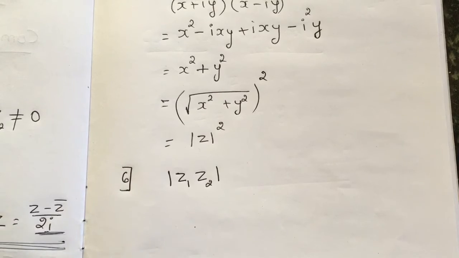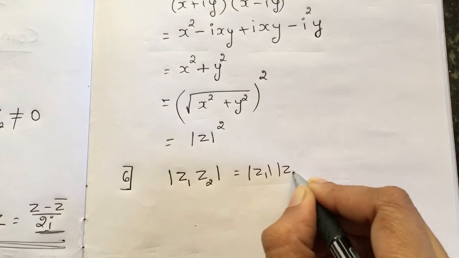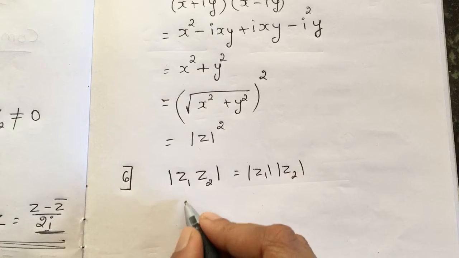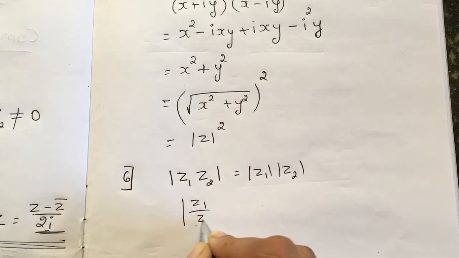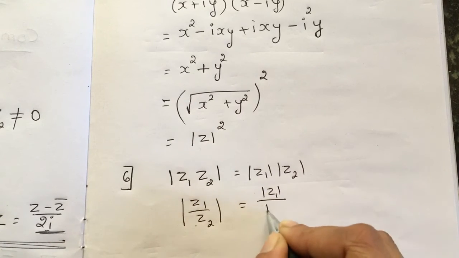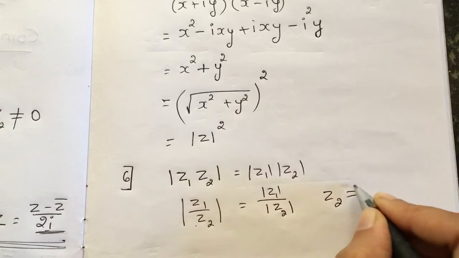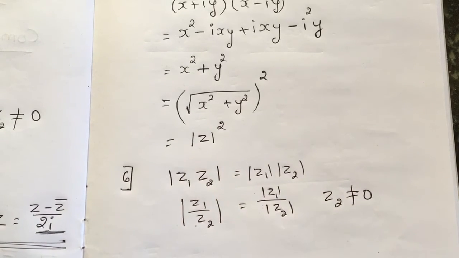Mod z1 z2 is nothing but mod z1 into mod z2, and similarly mod of z1 by z2 is equal to mod z1 by mod z2, provided z2 is a non-zero complex number.